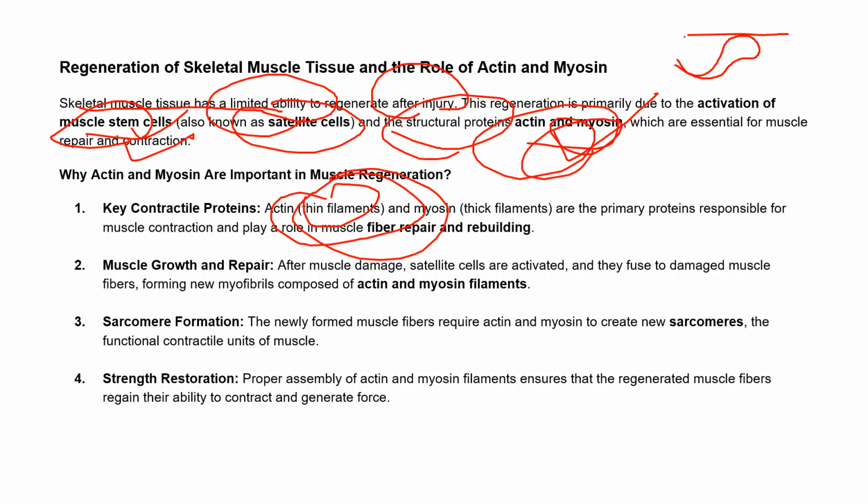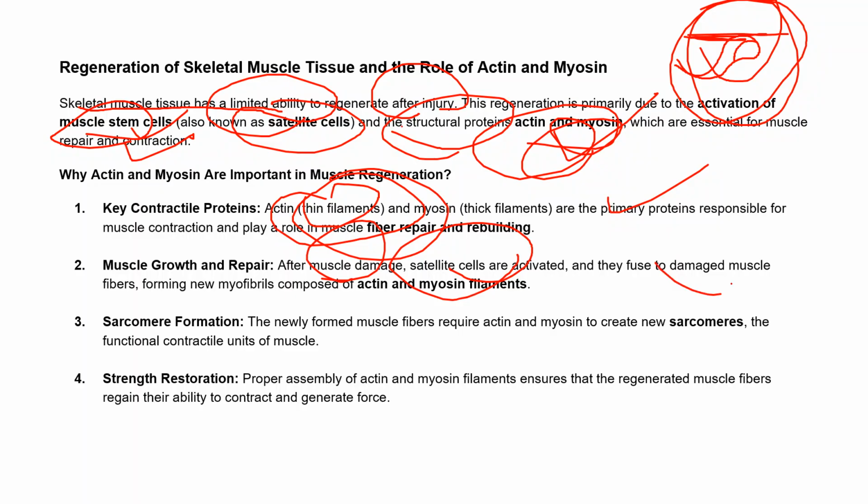So actin, the thin filament, and myosin, the thick filament, are the primary proteins responsible for muscle contraction, and they play a very important role in muscle fiber repair and rebuilding. Also, after damage occurs, the satellite cells are activated and fuse with the damaged muscle fibers and form new myofibrils, which are composed of actin and myosin filaments.